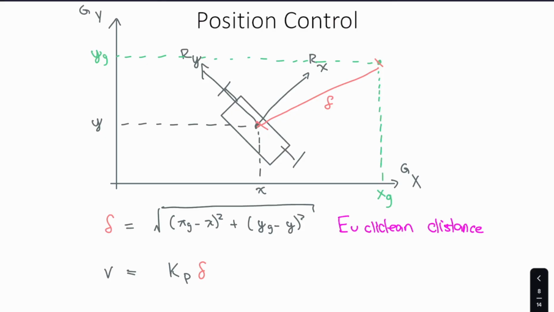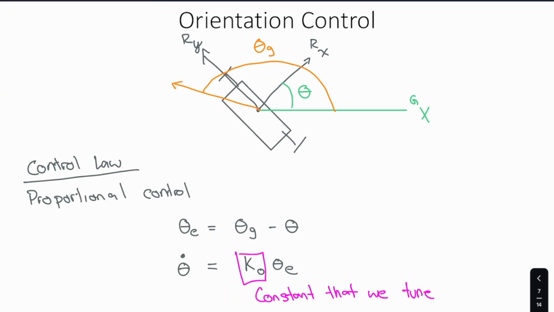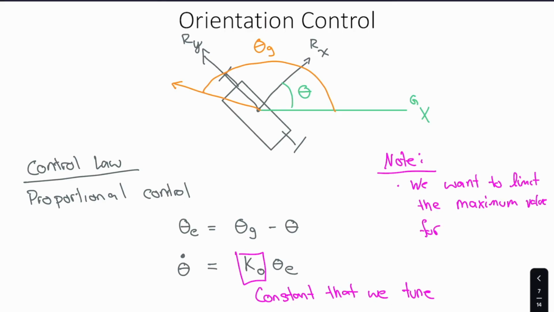And before I move on, there are a couple of things we should keep in mind here. We'll put a limit on the maximum value we can have for theta dot. We're not going to assume that the robot can spin at infinite speeds in place.